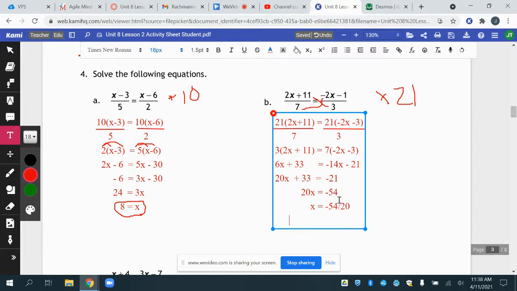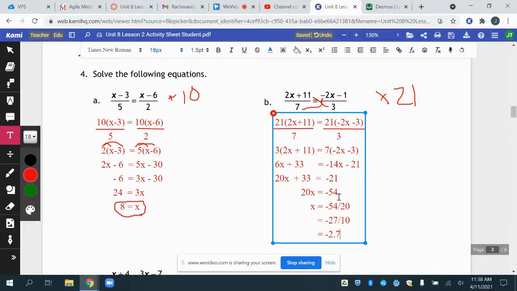Half of each of those is 27 divided by 10, which is actually a negative. I divide something by 10, it just scoots the decimal over. So that's really x equals negative 2.7.